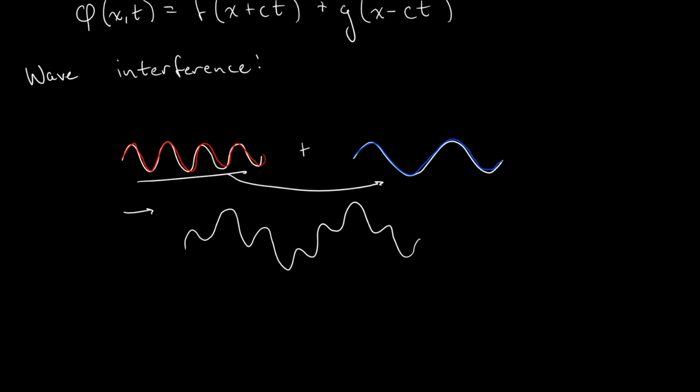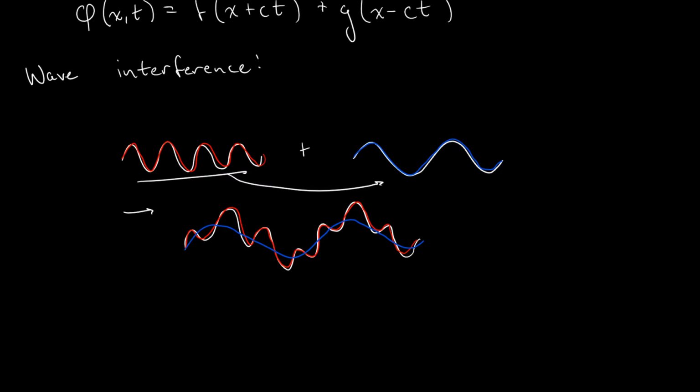You can see the shorter wavelength wave here in red, whereas the longer wavelength wave is still living here in blue. And this is the whole idea behind wave interference.